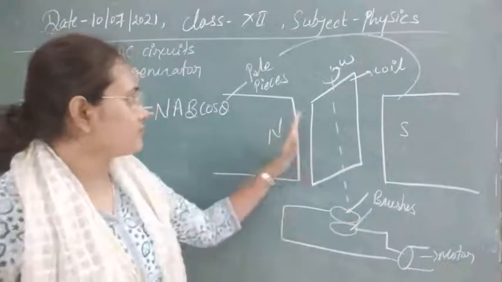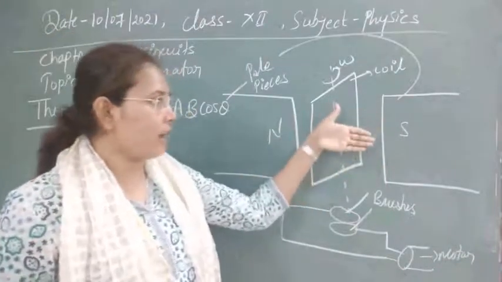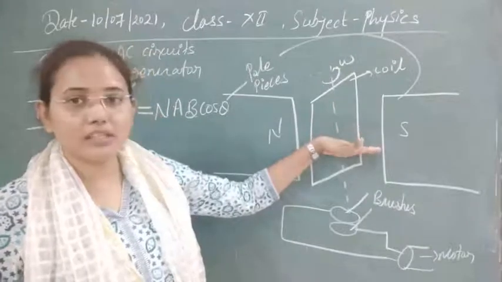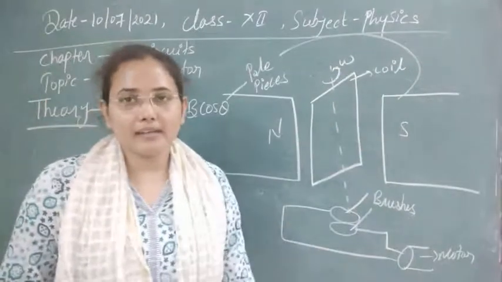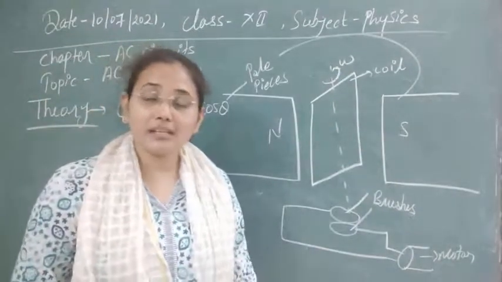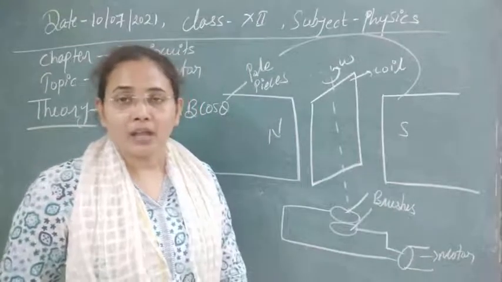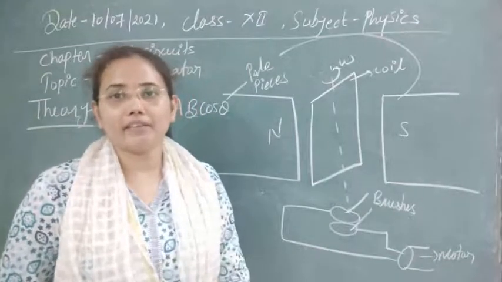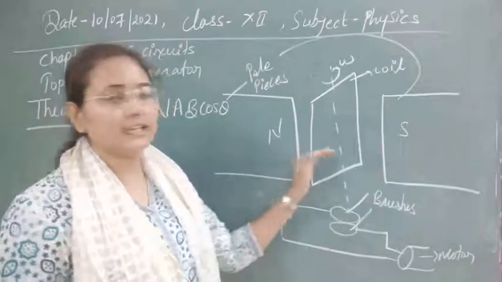So if this is our magnetic field, we can put the coil in this way or in this way. The coil's orientation can be changed, meaning the angle its area vector makes with the magnetic field direction.